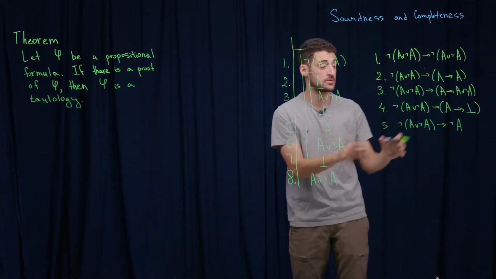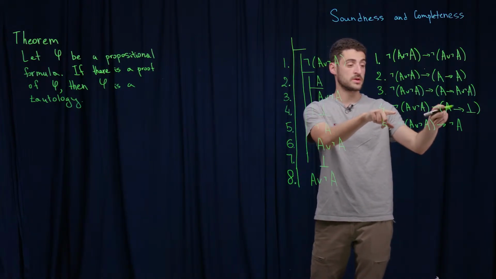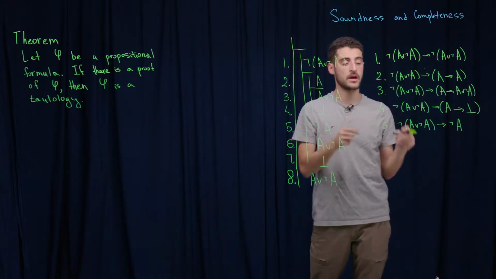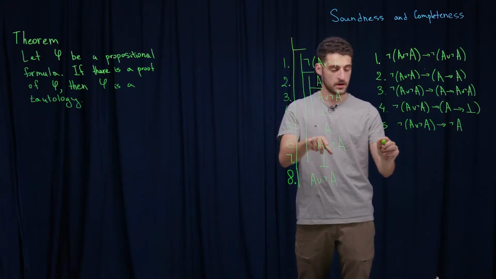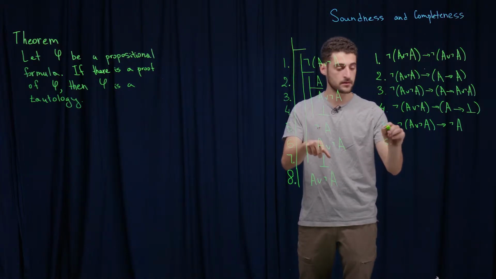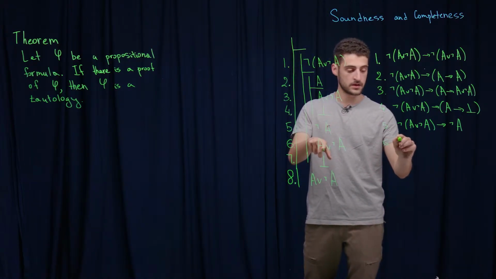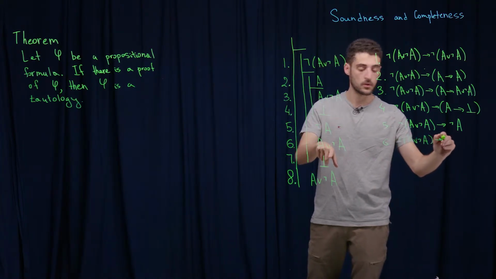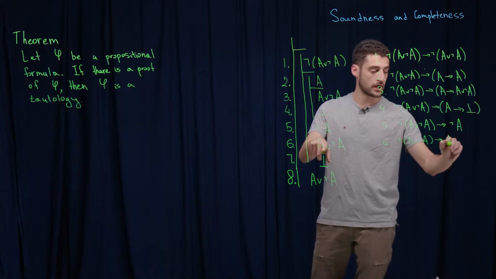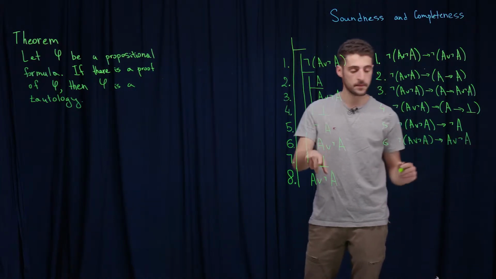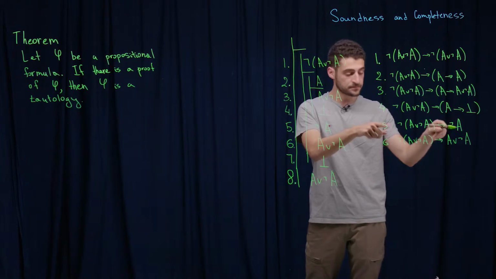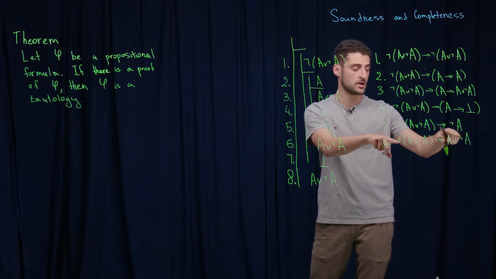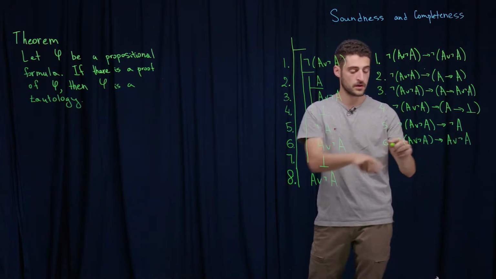Now this is a tautology because here we have a conclusion that A implies a contradiction. In other words, not A is true. Now we have a sixth step, and it's saying that under the assumption that A or not A is not true, we can prove A or not A. And this is a tautology because this is a tautology, and we just replace the conclusion by A or this conclusion.